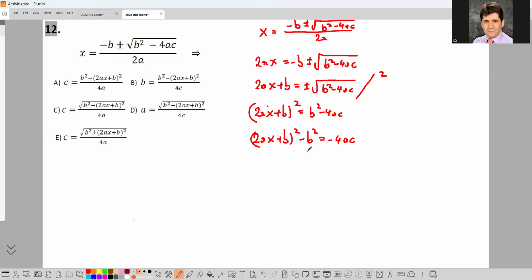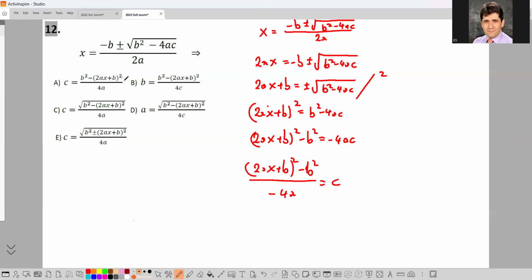Now I just want to find what's c. So it's 2ax plus b all squared minus b squared, all divided by negative 4a, and that would be the expression for c.